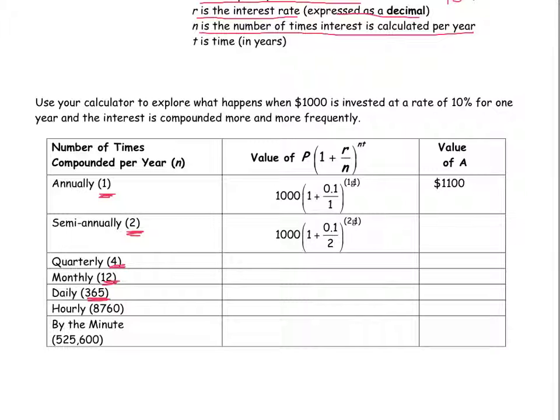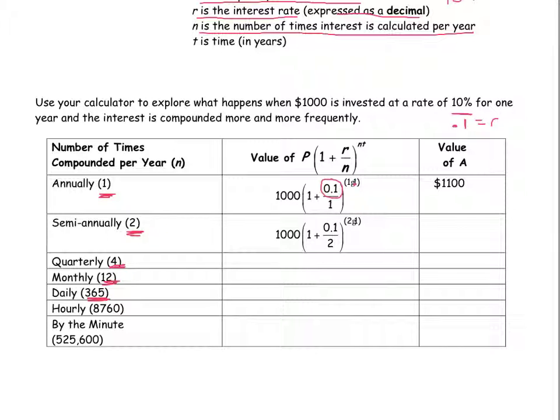So if you look at the first one, that's supposed to be 1 times 1. If it was compounded annually, we would plug in, first of all, it's 10%, so we're going to plug in 0.1 for our rate. So you can see that I did that right here.